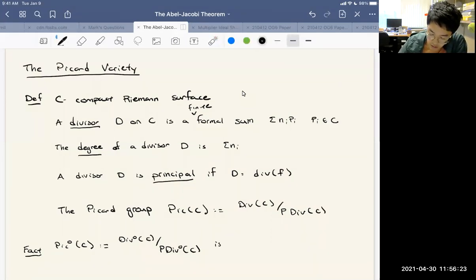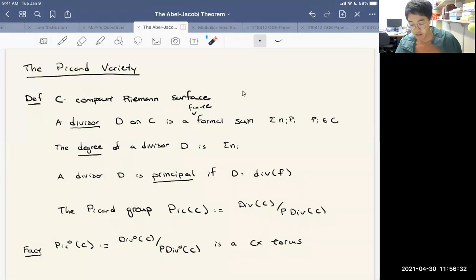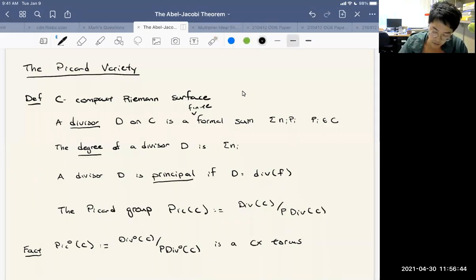And this is a complex torus. I don't want to go through the proof of this fact, but divisors modulo principal divisors of degree 0 is a complex torus, and it's called the Picard variety.